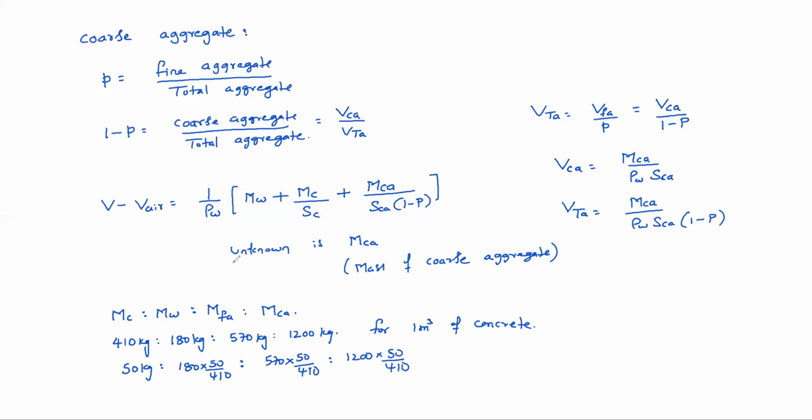So example, I'll ask you a GATE question. Air content 3% by volume. Water cement ratio 0.45.